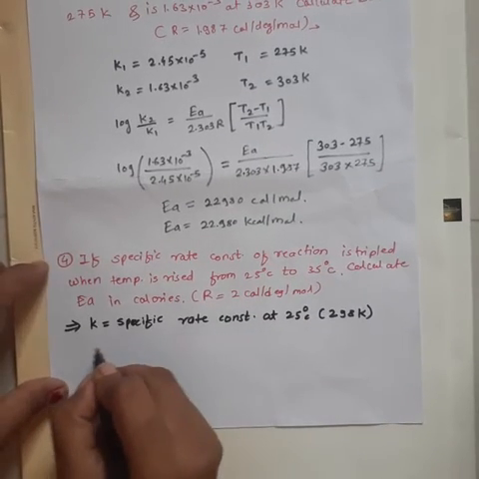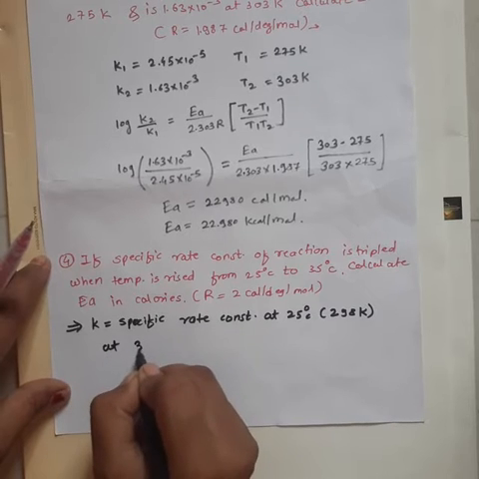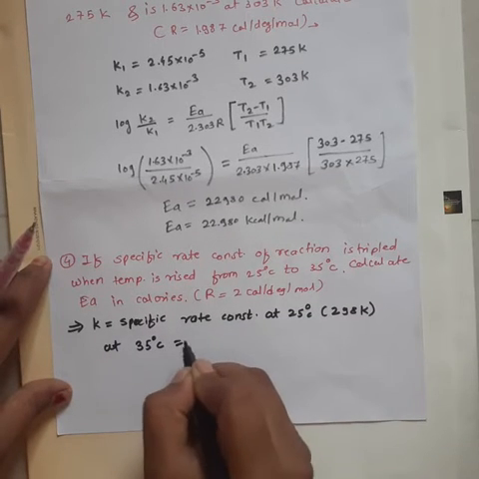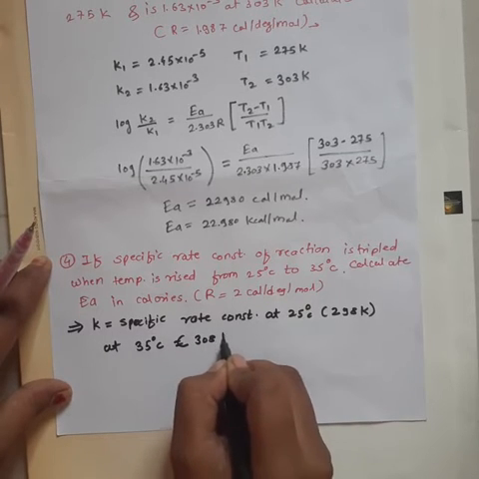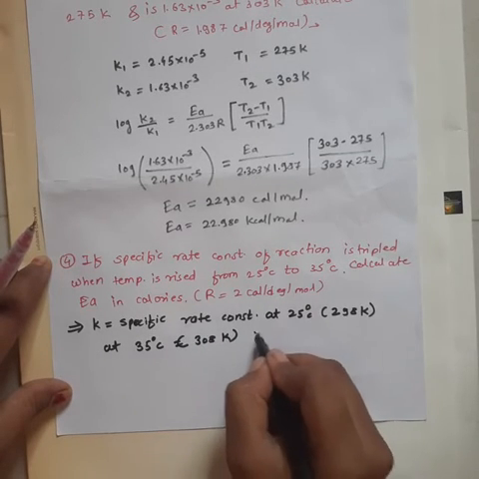And at 35 degrees Celsius, which is 35 plus 273, it becomes 308 Kelvin, it is tripled.